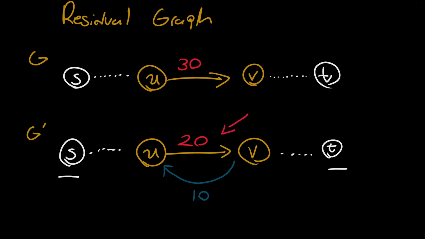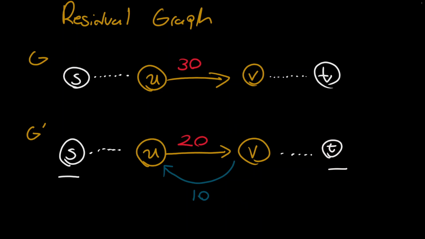So on the residual graph, the forward edges are representing how many units of flow that we can still use. The backwards edges reflect how many units we have used. And these backwards edges can be used as a path to get from S to T. So say we did take this backwards path.